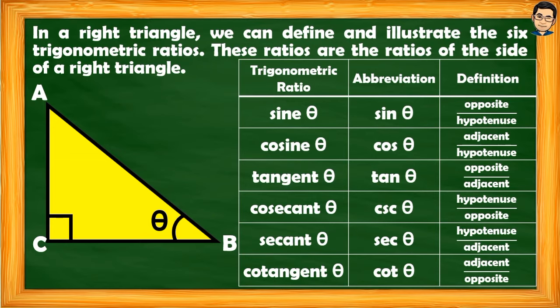Paano natin makukuha yung sine theta? Based dito sa ating illustration, nandyan po yung theta dun sa angle B. Yung opposite ng angle B, yun po yung ating opposite side, which is AC, over yung hypotenuse naman is yung AB.